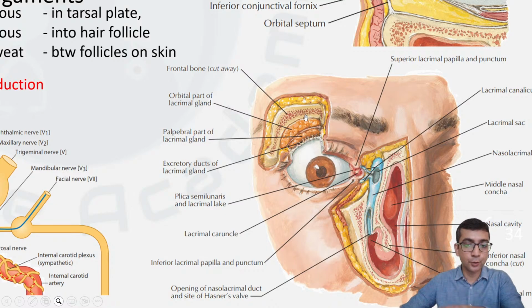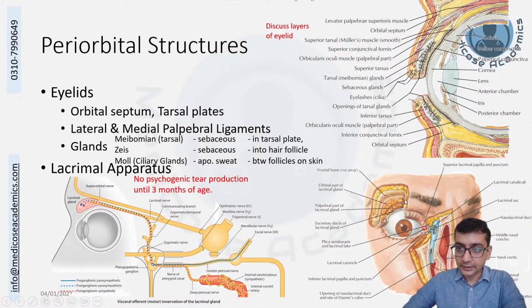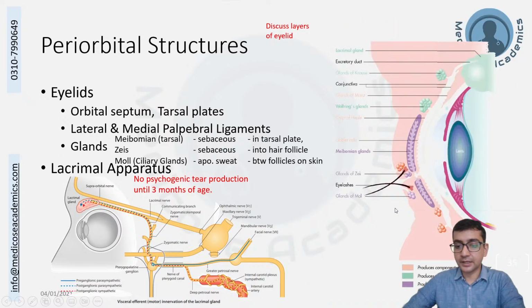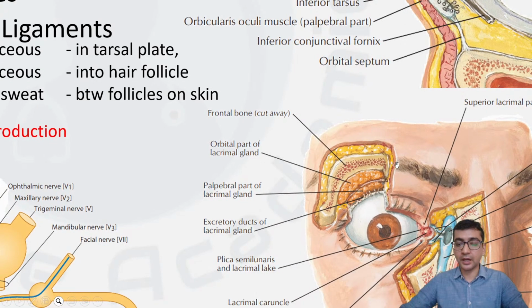The gland is divided into two parts due to the passing of the levator palpebrae superioris muscle. The part that is superior to it, or deep, is known as the orbital part, and the part that is present below it, near the eye, superficial to it, is the palpebral part, because it is present near the eyelids.